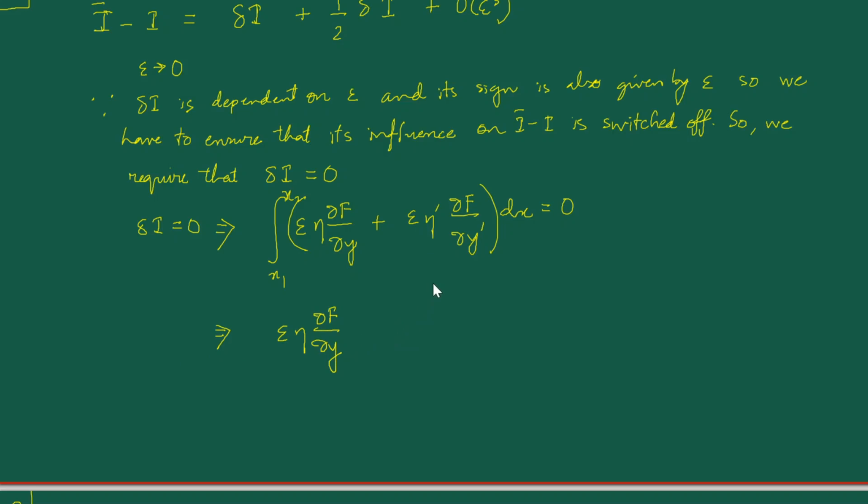So we'll take this epsilon del f del y dash as our first part, and the integration will be carried out over the second part, eta dash, and that will give us eta. So this first part doesn't change, keep it like this.